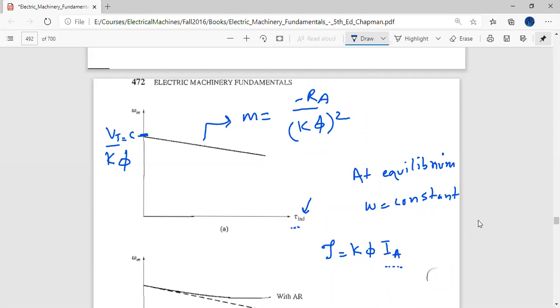Ia is always related to IL, both in the case of a separately excited machine and in the shunt DC machine. As Ia increases, the torque will also increase. Okay, so there is a direct proportionality. So if you are making the machine loaded, the torque of the machine would increase and its speed would slightly decrease.